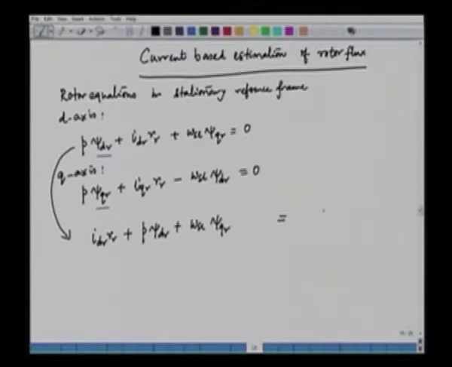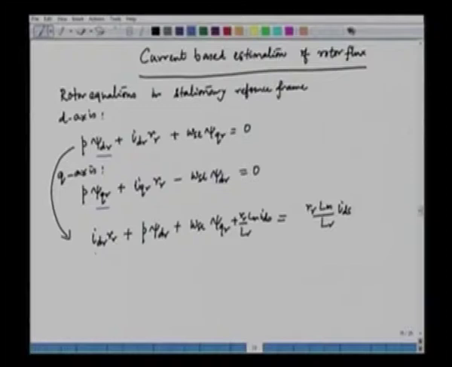What we will add here is RR LM by LR into IDS on the right hand side, and RR by LR into LM IDS on the left hand side. So the value will not be changed, and then we club these two terms.